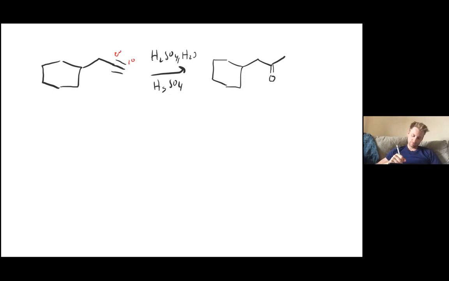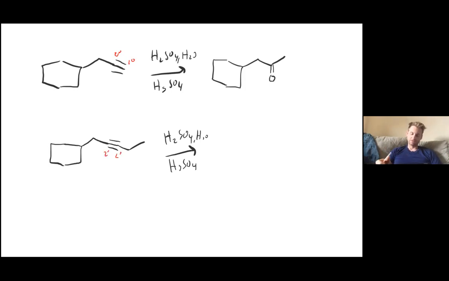If I do this with a non-terminal alkyne, let's take the same molecule but add a methyl, or ethyl, at the end. Let's take this here, add in the same reagent. We've lost that selectivity now. These are both secondary, which means this can lead to 2 products.